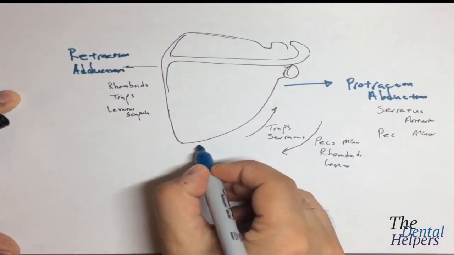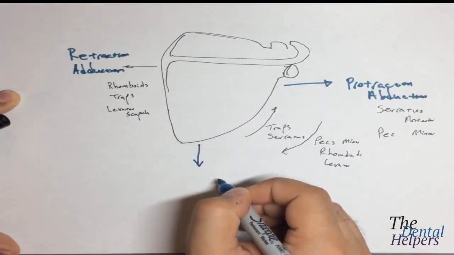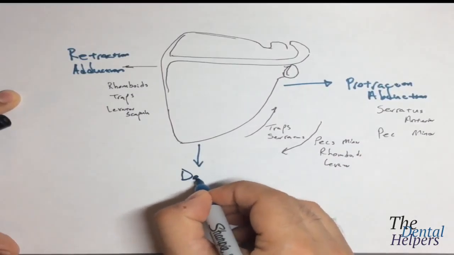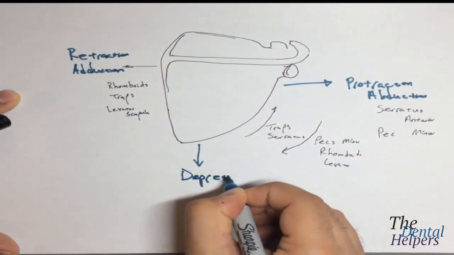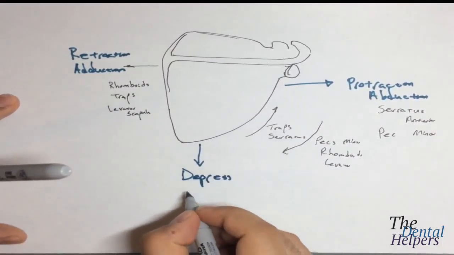Now if we wanted to depress the scapula, so it's kind of like when your shoulders are slouching, the muscles that are going to be doing that are the traps and the pec minor.